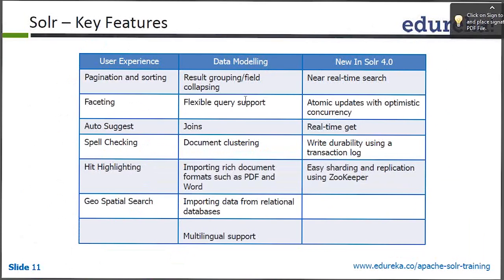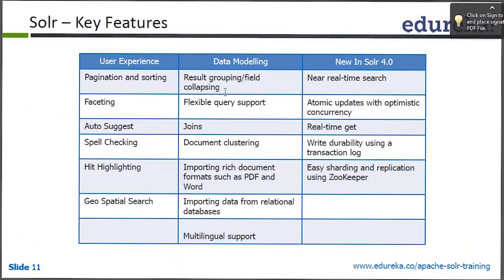If I had to divide the features, I would divide them into three sections. First, the user experience features like pagination and sorting, and faceting, which we will explore in more detail, but we have seen a glimpse of it in Lucene and also using the Flipkart example.